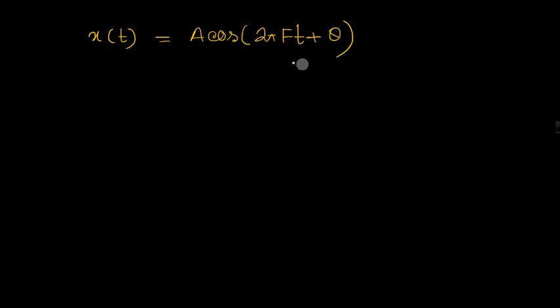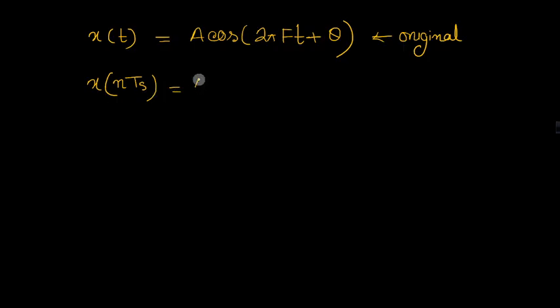Okay, now let's say this is our analog signal, and this analog signal is equal to A cos(2πf t + θ). f is called analog frequency. So this is our original signal, right? And now we have to get a sampled signal. To get the sampled signal, we have to take some discrete times, let's say nTs, 1Ts, 2Ts, then 3Ts.